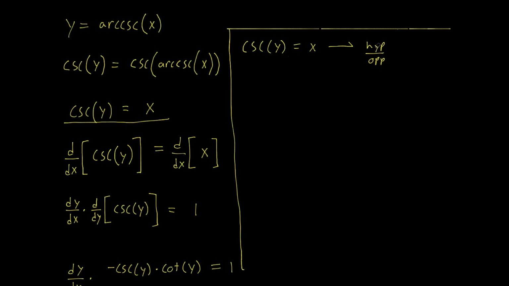So if we have a hypotenuse equal to x and an opposite side equal to 1, that'll meet those conditions. So we have cosecant of angle y, we have the hypotenuse of x, and we have opposite side equal to 1. But there's a problem.